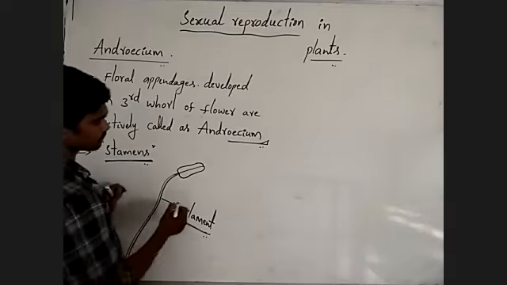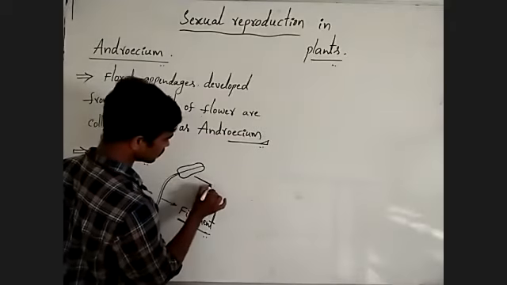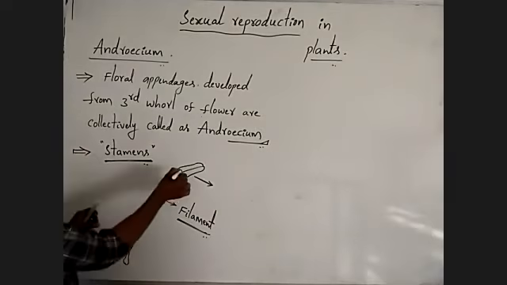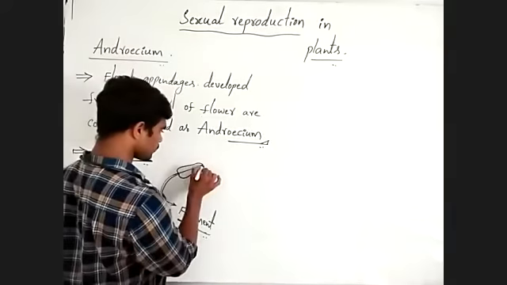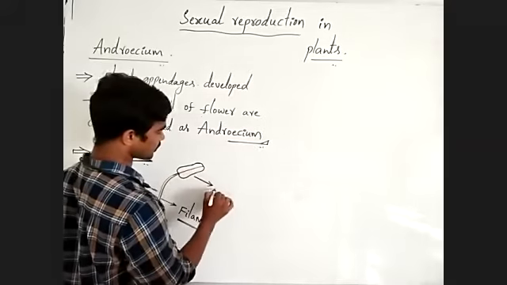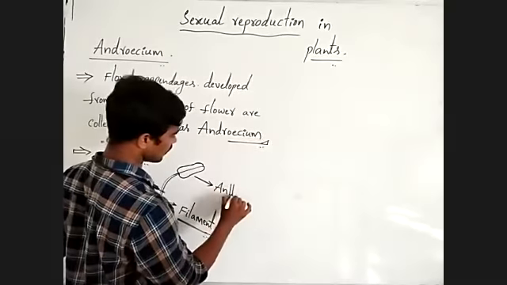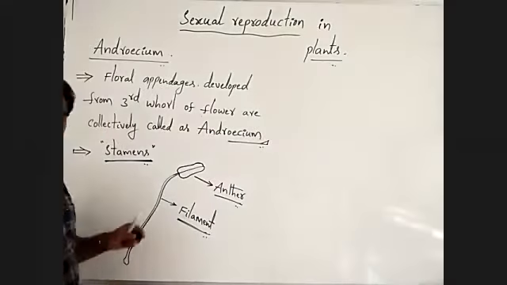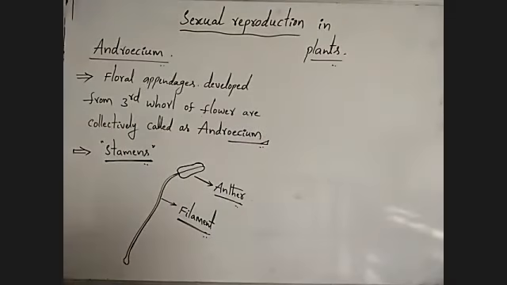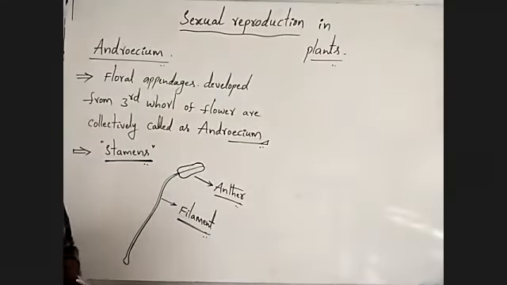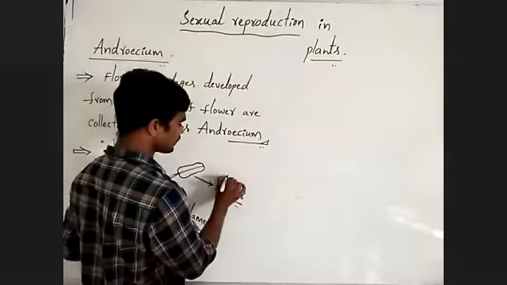Next, observe carefully. A knob-like structure is present. This knob-like structure of the stamen is called anther. What? Anther. These are two important parts. Of these two important parts, anther is the fertile part.